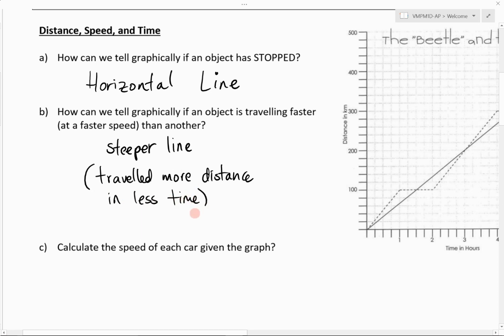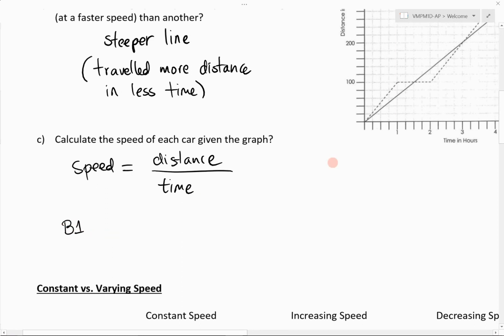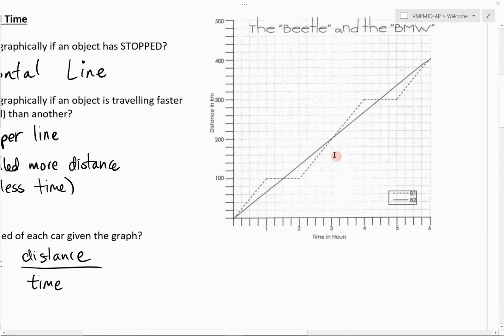Part C, calculate the speed of each car in the given graph. Well, the speed of a car is just taking the distance and dividing it by the time. That's the formula that we're going to follow. So for B1, that's the dotted line, how far has it traveled?